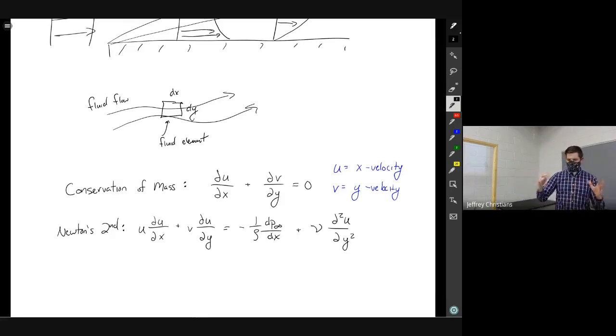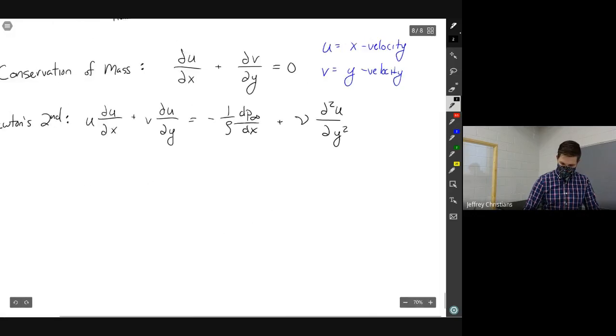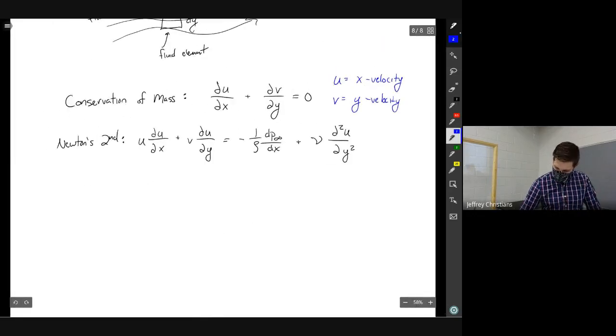So I'm building in some of the simplifications that we used earlier. We're diving into even the simplified versions of what these are. So this is mu over rho, just to remind yourself.